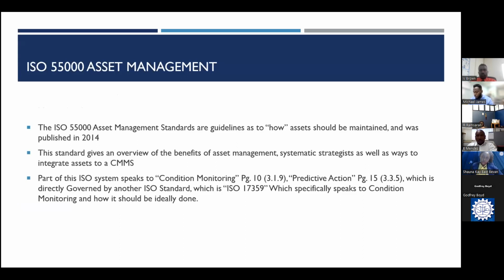This standard gives an overview of the benefits of asset management systematic strategies, as well as ways to integrate assets into the CMMS systems. Part of the ISO standard speaks to condition monitoring and predictive action, which is directly governed under another ISO standard, ISO 17359, which specifically speaks to condition monitoring and how it should ideally be done.